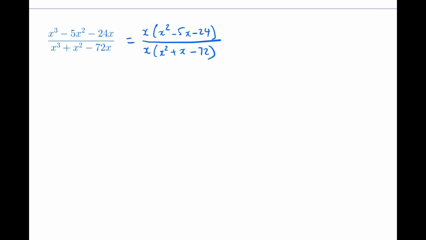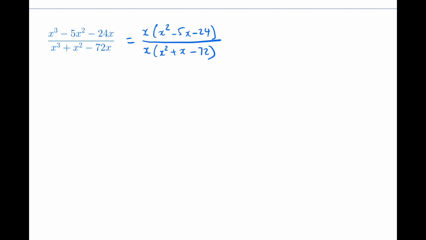Now we want to focus on what's inside the parentheses in the numerator and the denominator. Let's focus on the numerator first: x squared minus 5x minus 24. At this point, you should be able to recognize that this polynomial inside the parentheses is factorable.